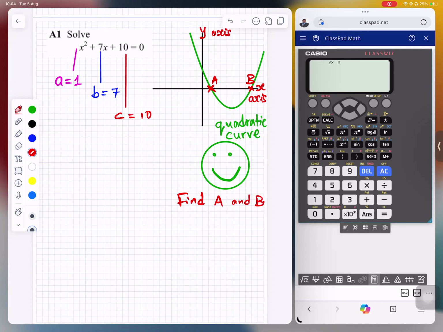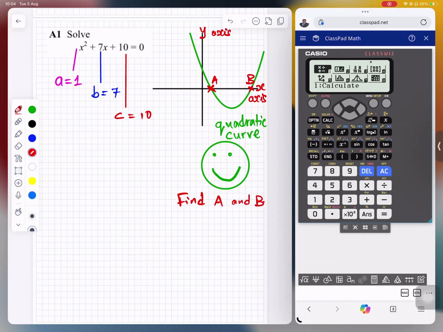On the calculator, if you have your calculator with you, you go to the top right and press menu. Let me know when you've done that. Okay.